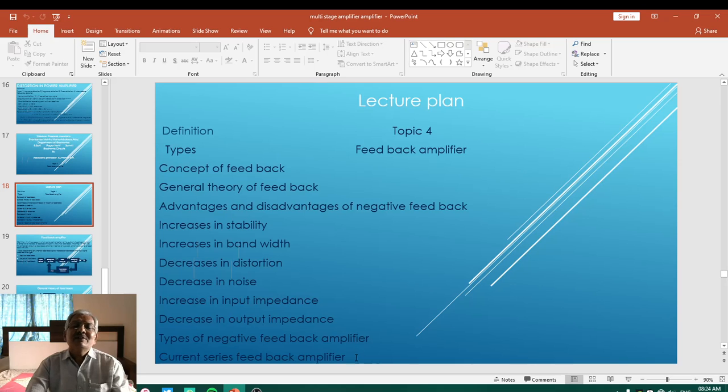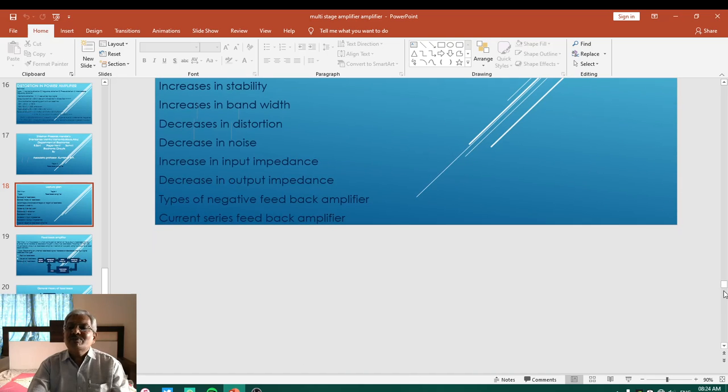So this is the plan of our lectures, how we are going to complete topic number 4, namely feedback amplifier. So let us begin with its definition.